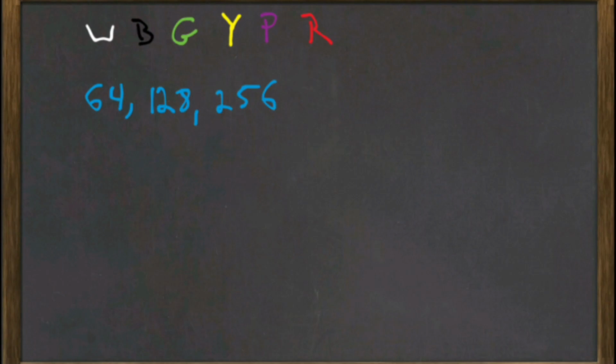We could do that by simply writing them all out, right? You could have a white 64, a white 128, and so on. You have a yellow 256, and we could organize all of these. It's going to be a little cumbersome. So we can shorthand that by using the multiplication formula.